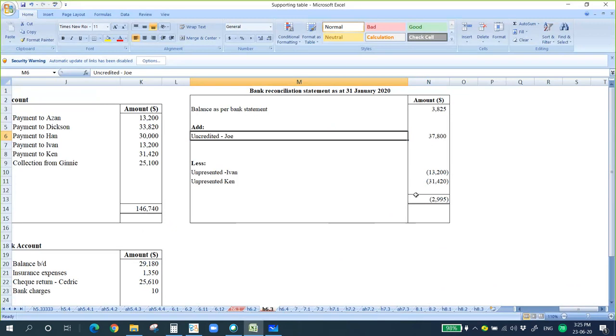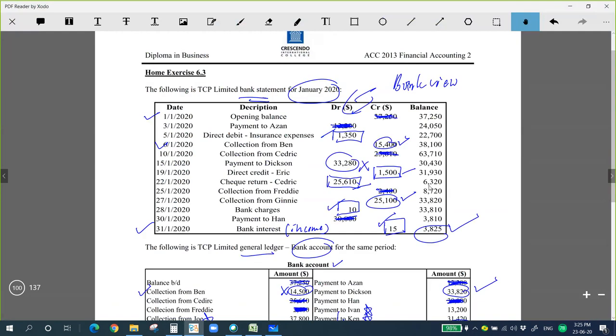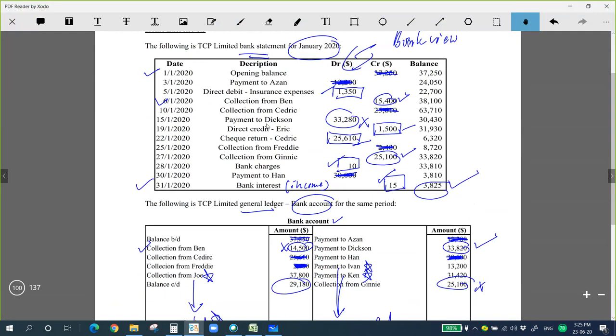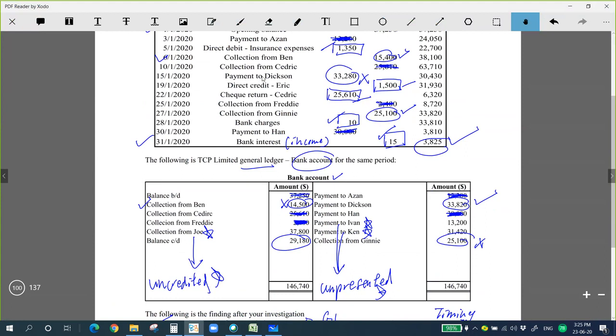And then one more entry. The wrong entry is this one. Payment to Dixon. The correct amount is 33820. This is the correct one. But the bank recorded it wrongly. They recorded 33280. It means that they recorded a lesser amount, right? Because the actual payment, the correct amount, is more than the wrong amount. So what is the difference?